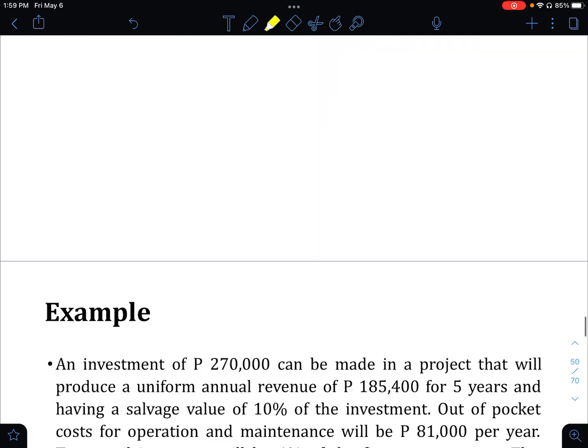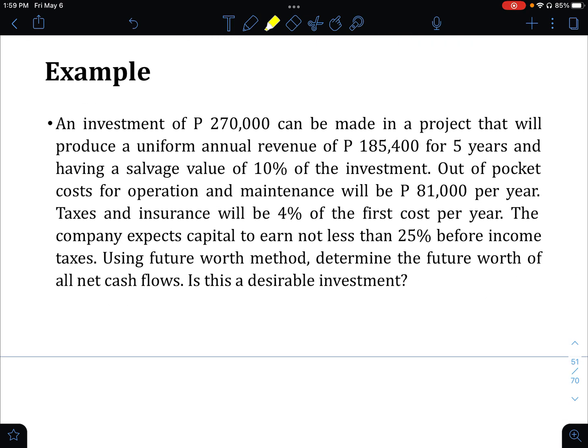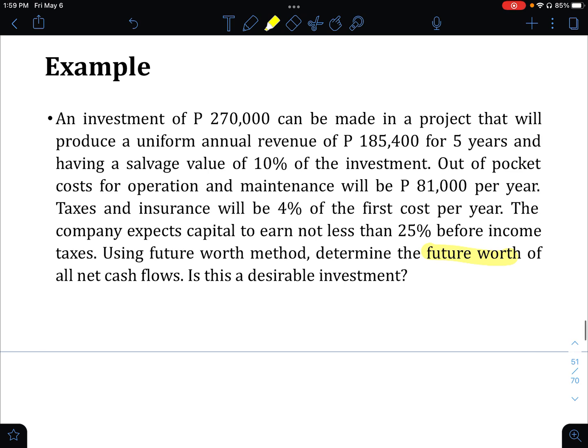Okay. Then, next is the future worth method in today's episode.